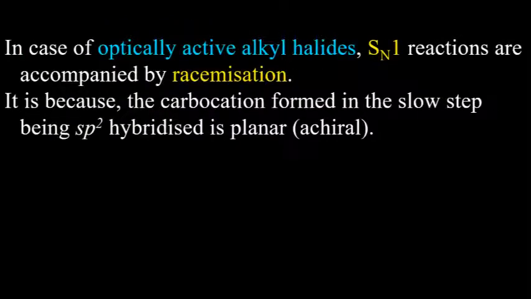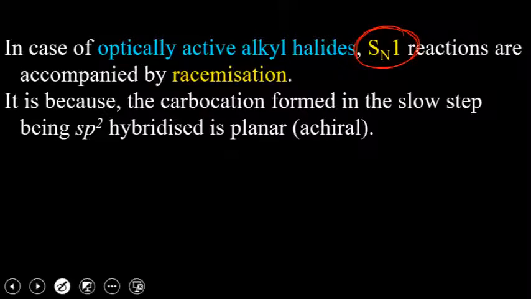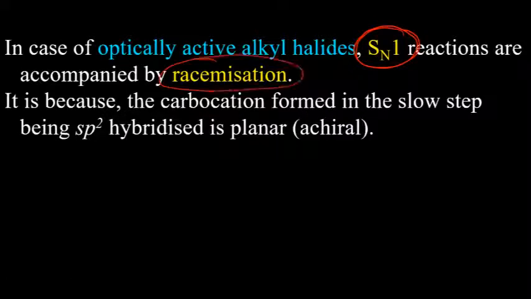Now, SN1 reaction. The major term related to this one is racemization. You remember when I talked about racemization, I said that is 50% inversion, 50% retention. So how is it possible that 50% is inverted, 50% is retained? The reason, which I have already explained in previous classes, is the formation of a planar carbocation.